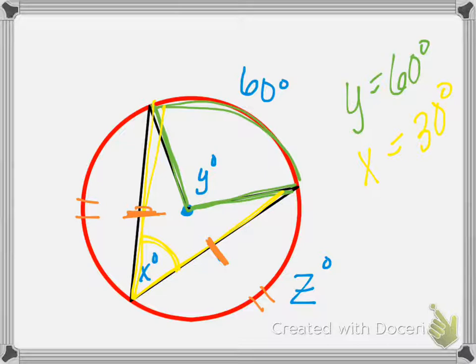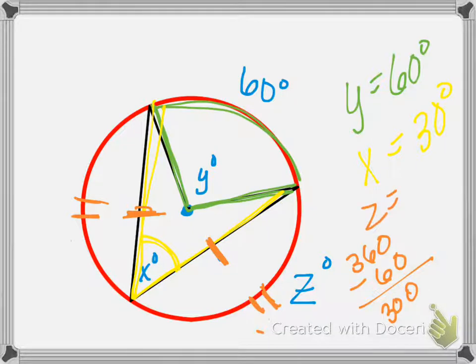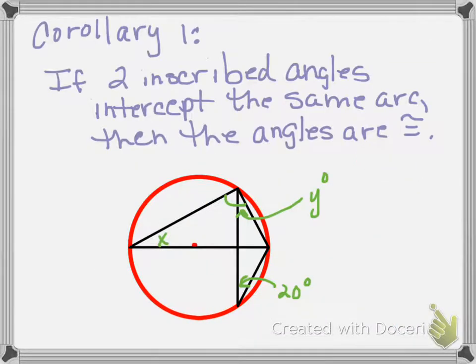But what I see is that if I say 360 minus 60, I get 300 degrees left. And if I split that 300 between these two congruent arcs, then each of the arcs must be 150 degrees. Again, hope you got it right.